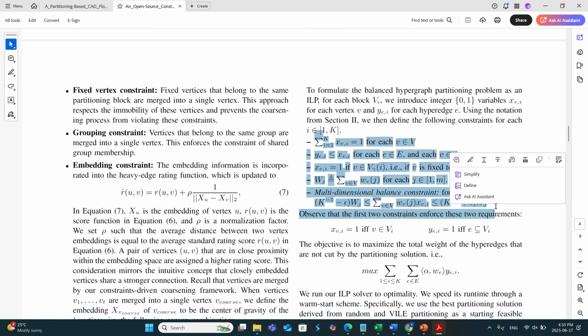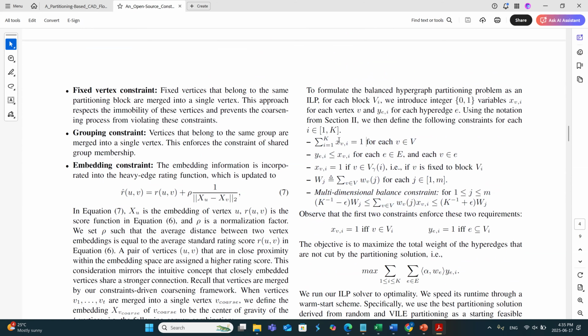Okay, so integer linear programming is a kind of powerful technique that people use where you can encode all your decisions into integers. So in this case, for example, they make a variable x_v,i for each i in one to k. I in this case is the partition number, because they can actually partition into more than two things. They can be partitioning into k different things.